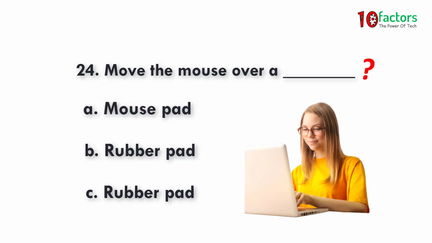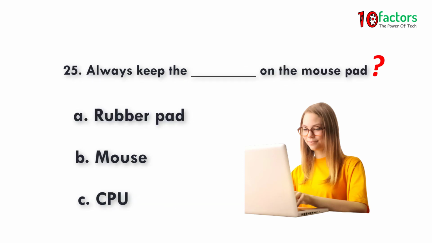Right. Question 24. Move the mouse over: A. Mouse pad. B. Rubber pad. C. Rubber pad. Answer, A. Mouse pad. Question 25. Always keep the on the mouse pad. A. Rubber pad. B. Mouse. C. CPU. Answer, B. Mouse.